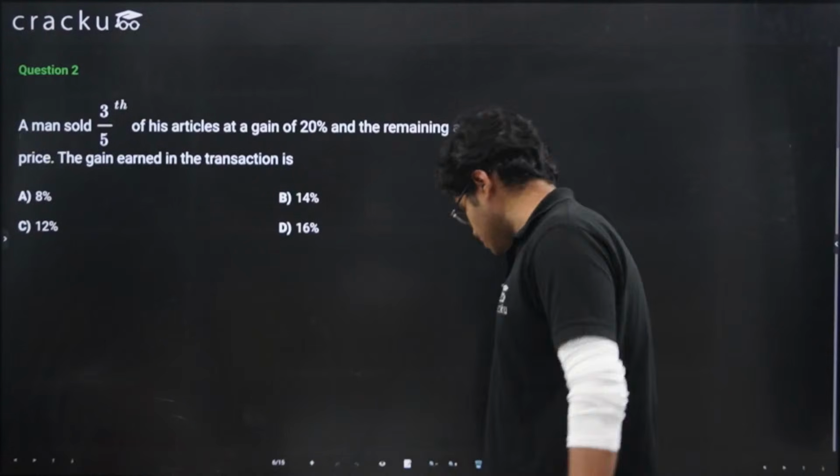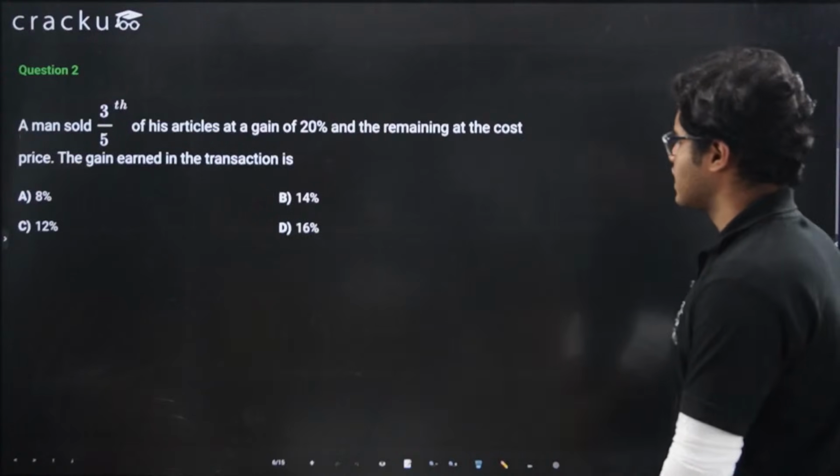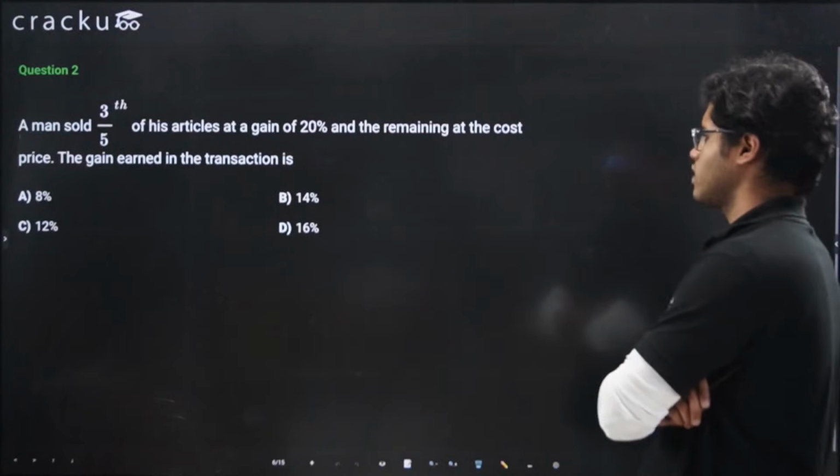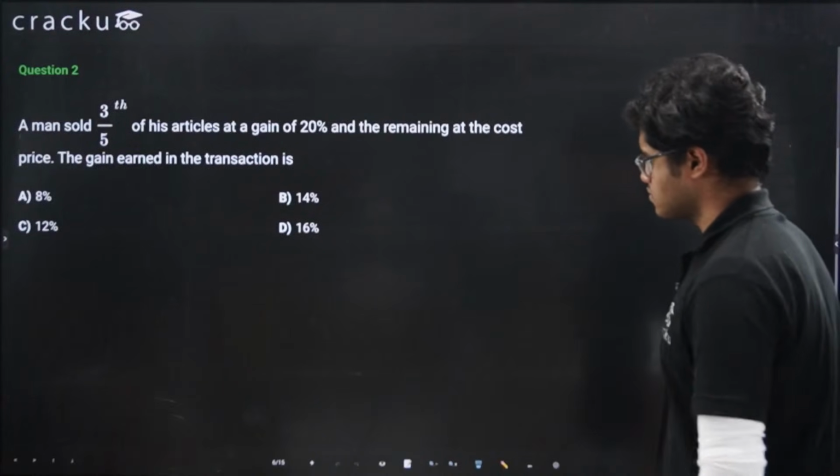Okay, let's solve the question. A man sold 3/5 of his articles at a gain of 20% and the remaining at the cost price. What is the gain earned in the transaction?